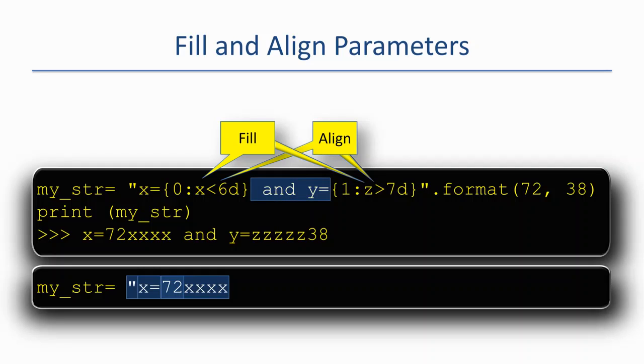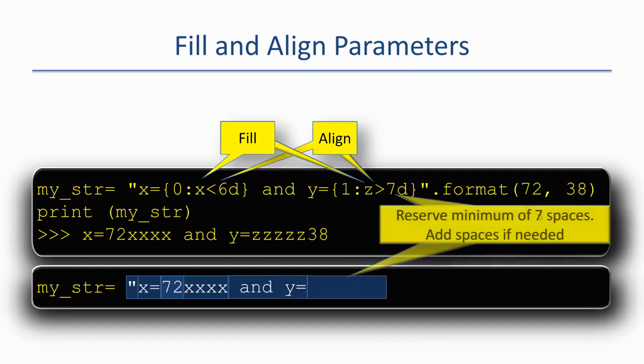Then it's going to scan the template string again until it encounters the opening of a curly bracket and copies that part down exactly the same. Then it goes and works on the second curly brackets. First of all, it knows that it has to reserve a minimum of 7 spaces. That's what the width parameter tells it.